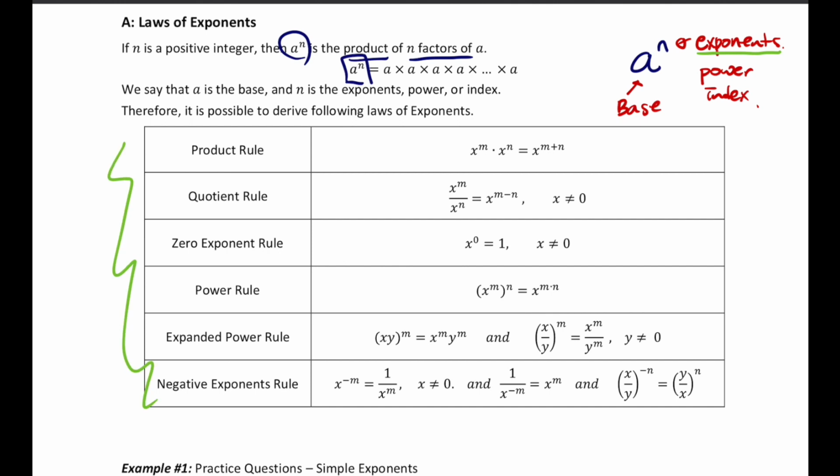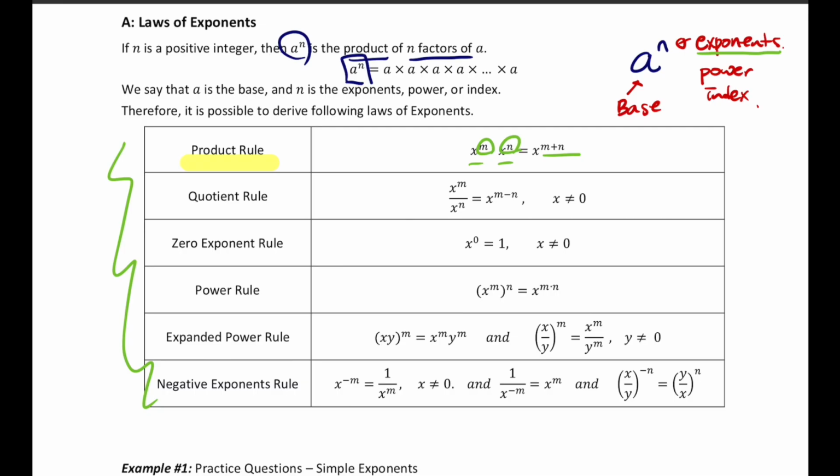The first one that we're going to discuss in this section is the product rule. If we have x to the power of m times x to the power of n, we calculate the total exponent by adding up the exponents.